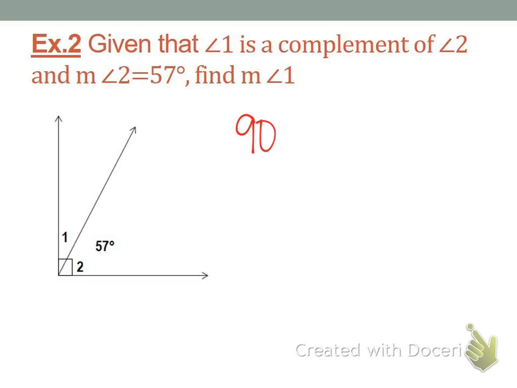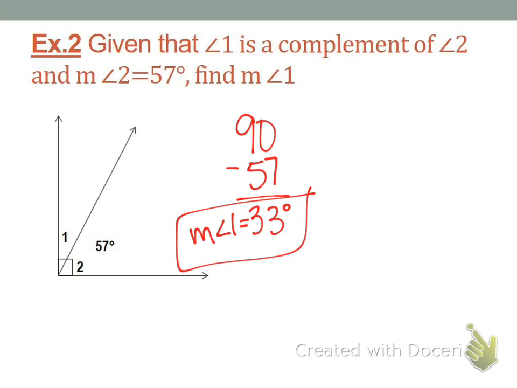You do not have to write out 90 minus 57. If you do, that's fine. If there were to be algebraic equations in here, I would expect more work. But if it is as simple as one number minus another number, I don't get super picky about that. What's our answer? 33 degrees for the measure of angle 1.